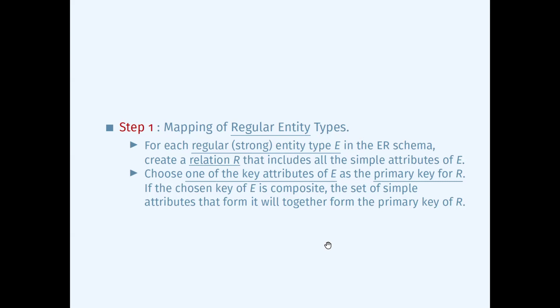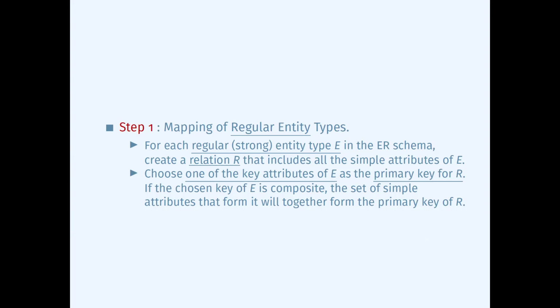Then choose one of the key attributes of E as the primary key for R. Remember, I discussed this earlier as well. In the ER diagram, you can have as many key attributes, but here we select a particular attribute and name it as the primary key.